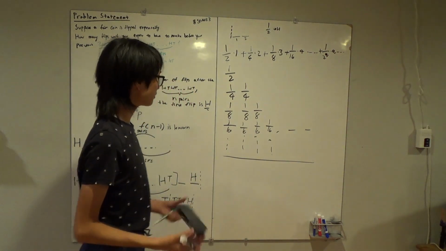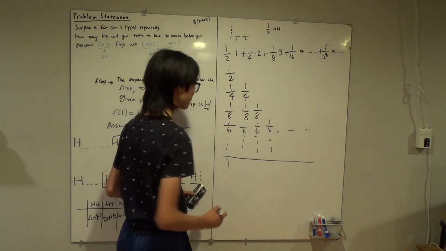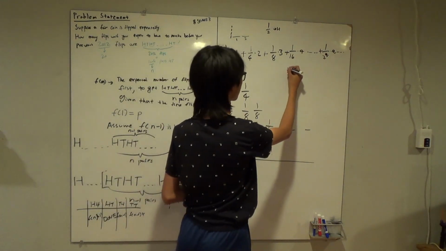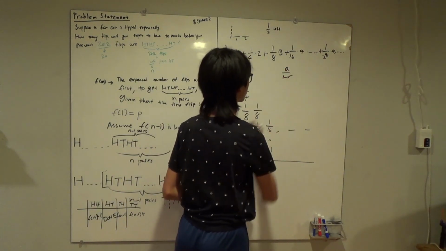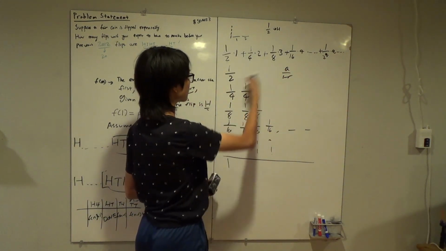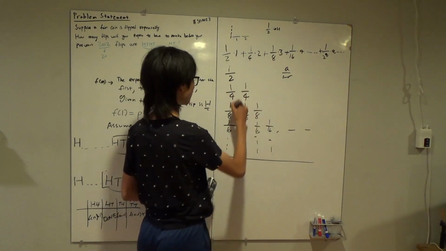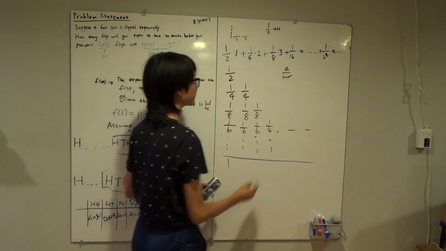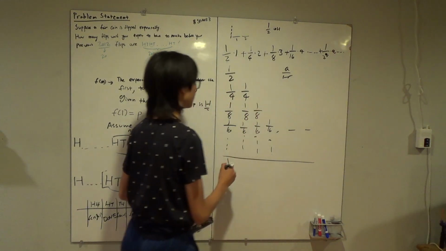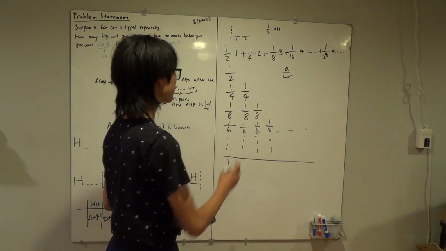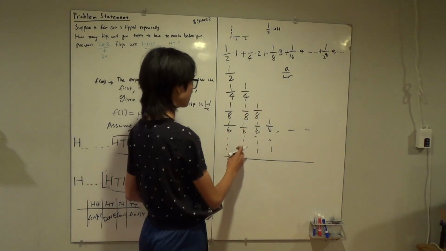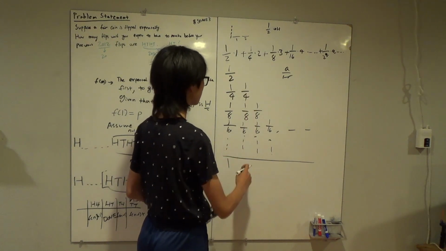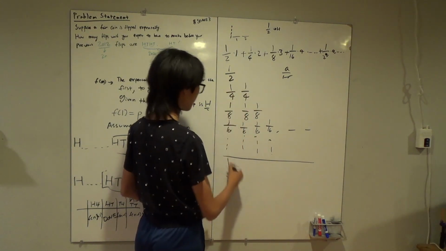Now, you might remember this is equal to 1. But specifically, we can use this formula, a over 1 minus r, for an infinite sequence, where a is our first term and r is the ratio between these geometric terms. And for this one, we'll get 1. For the second one, we don't actually need to use this formula. We see that the second long infinite series is just equal to the first one minus 1/2.